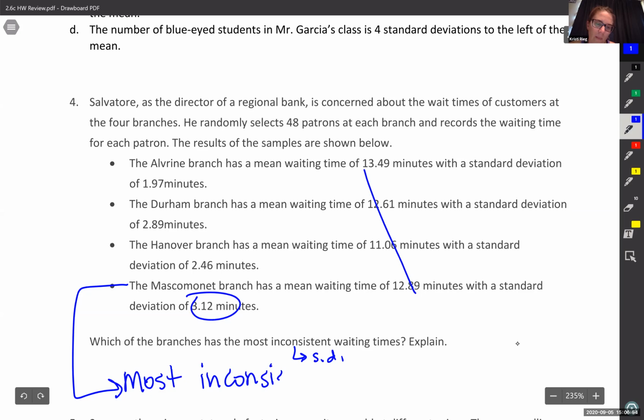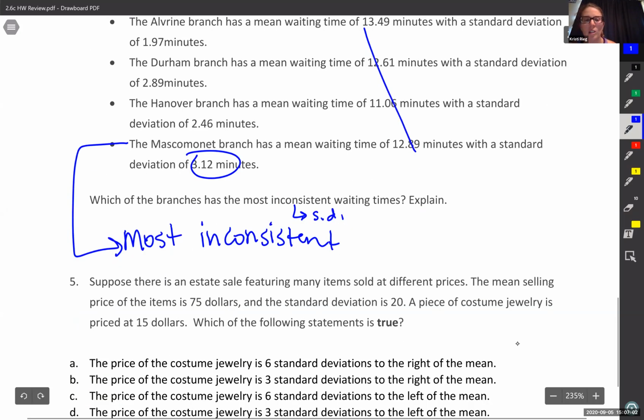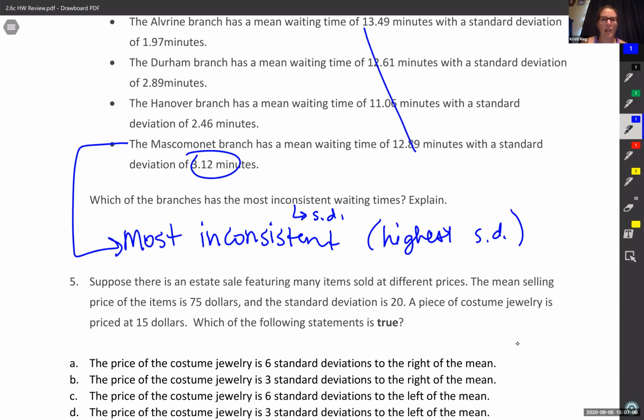You know, as I said, this one instead of trying to pronounce that word. Most inconsistent, and the reason is it's the highest standard deviation. The bigger the standard deviation, the more it deviates. The more inconsistent. That's what I meant to say. It was true what I said the first time, but I meant to say more inconsistent.